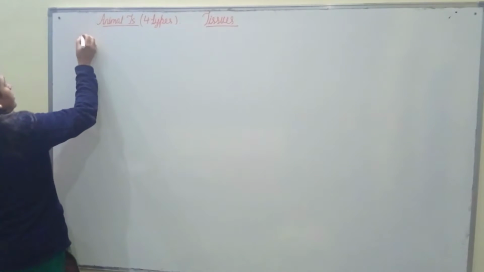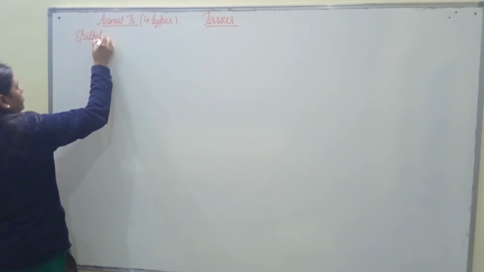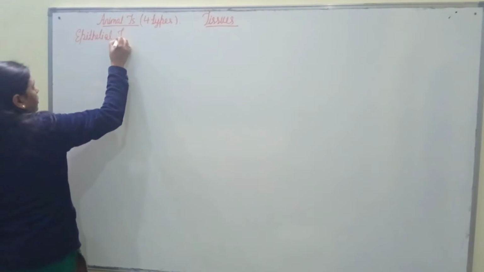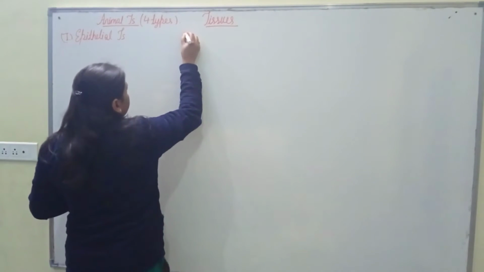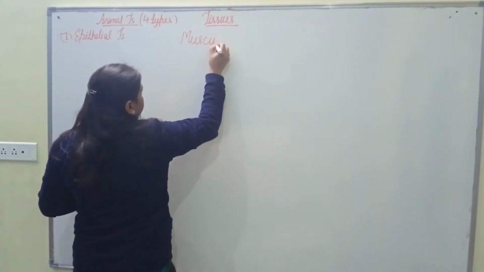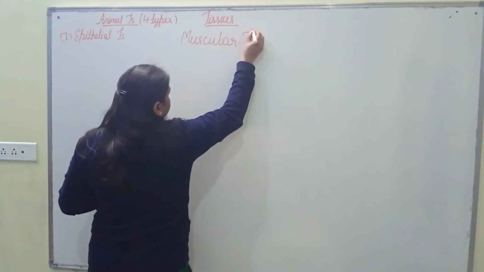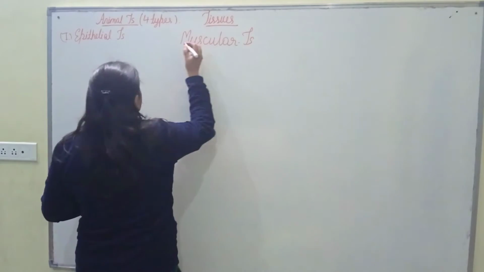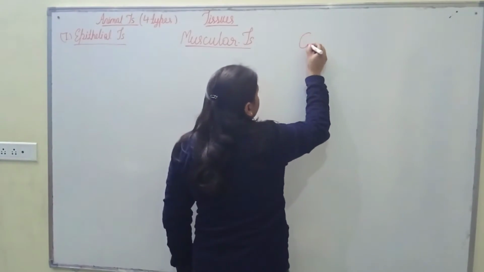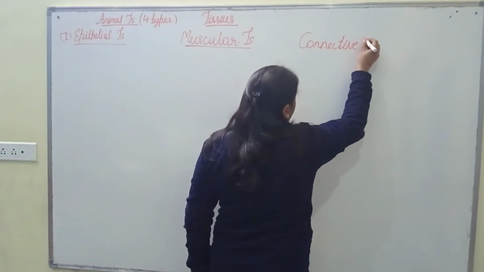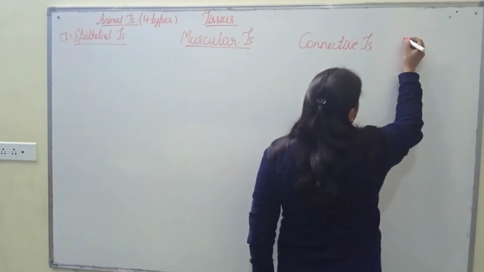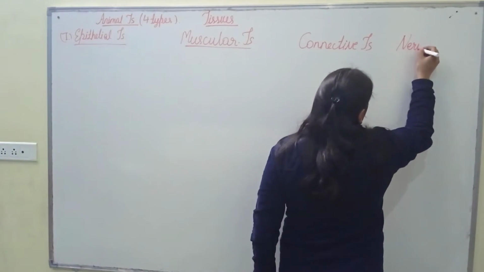First is epithelial tissue, muscular tissue, connective tissue, and the fourth one is nervous tissue.